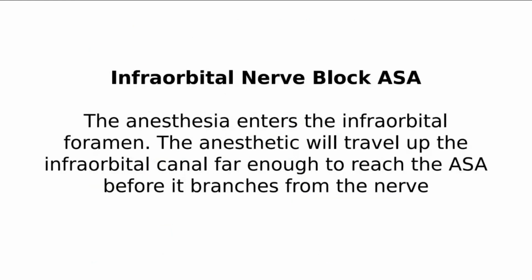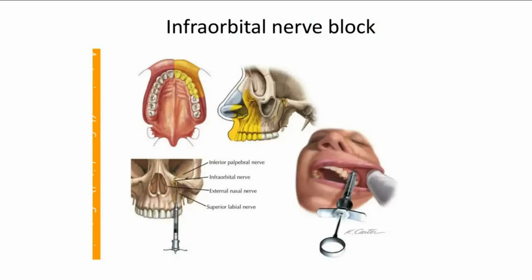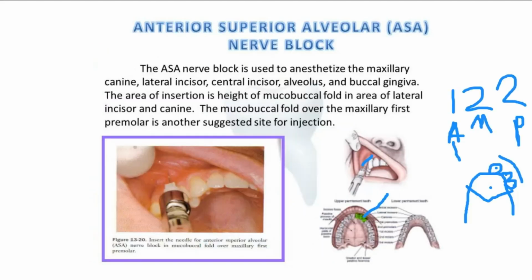So infraorbital, again, you get through the mucobuccal fold, but you do not go in at the angle that you used with the ASA, because if you do it at an angle, let me show you, like an angle like this, you will go until you get to the top and you're going to stop.